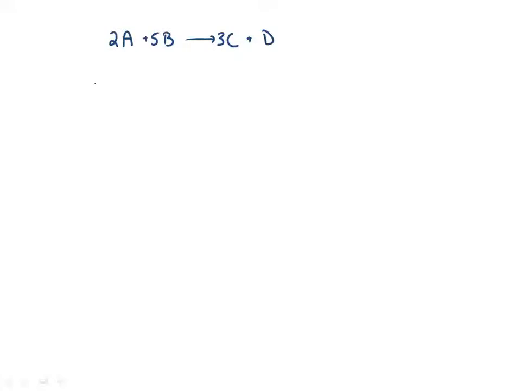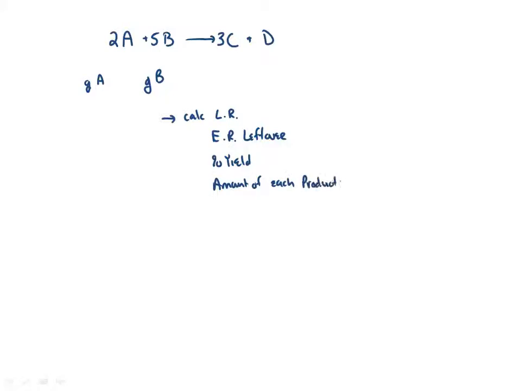And what we looked at last time is how I can take, if I'm given grams of A and grams of B, that I can calculate a limiting reactant. I can calculate the excess reactant left over. I can calculate the percent yield. I can calculate the amount of each product made. And I think that's about all we can calculate with that so far.